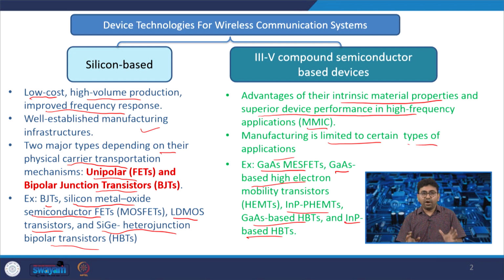This is a broad category; if you are interested in more detail, you can go for silicon based devices or compound semiconductor based devices. Based on the application and your requirement, you can choose whichever devices you want to design.